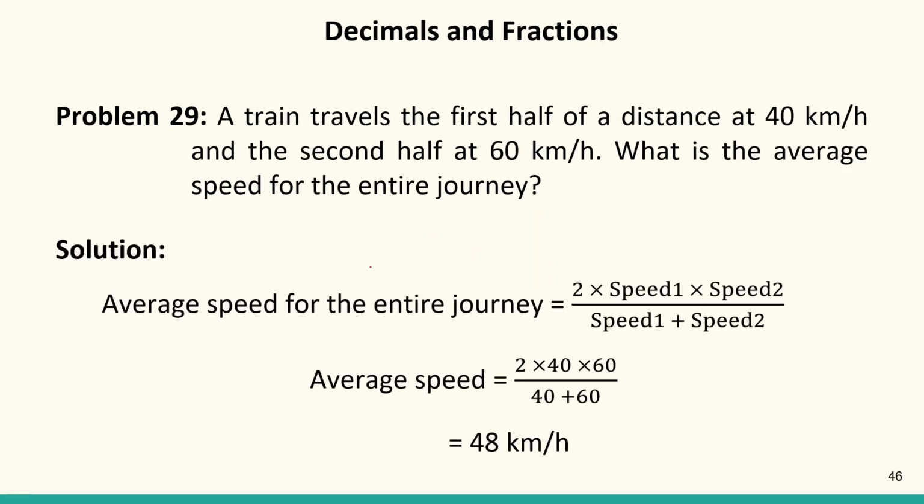The average speed for the entire journey will be 2 into speed 1 into speed 2 by speed 1 plus speed 2. So speed 1 is 40 kmph and this is 60 kmph. So this is 2 into 40 into 60 by 40 plus 60, that is 48 km per hour. This is the final answer.